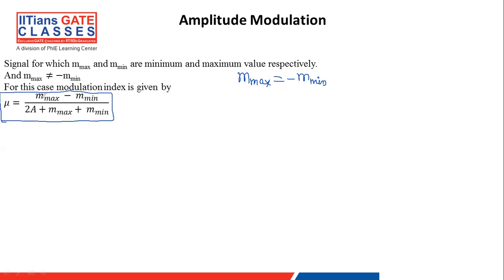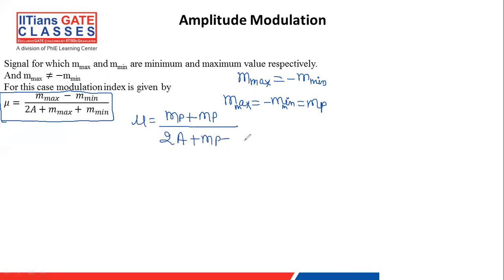Here this is m max, this is m minimum, and this is 2A plus m max minus m minimum. Now if you see this formula, and if you apply the last slide's case, that is m max equals minus m min equals mp, what will happen? m max will become mp, and minus m minimum will become mp again, so mu is mp upon 2A plus mp minus mp.